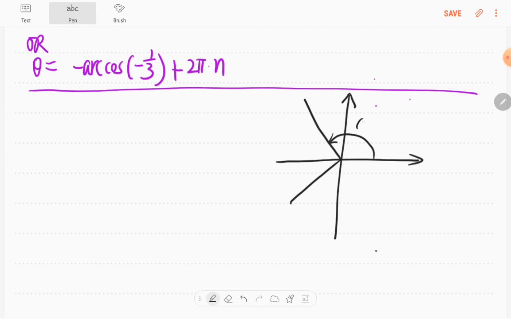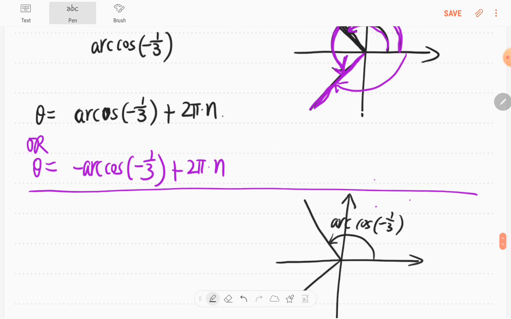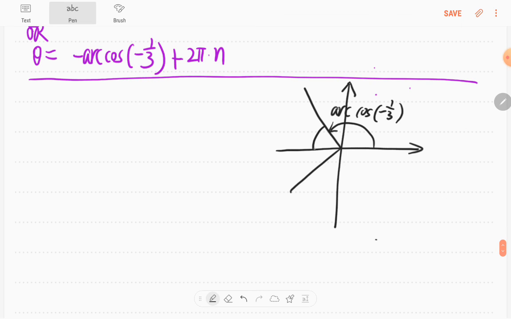So this is the arc cosine of negative 1/3, which means cosine of this angle equals negative 1/3. So its reference angle should have the same absolute cosine value, 1/3.